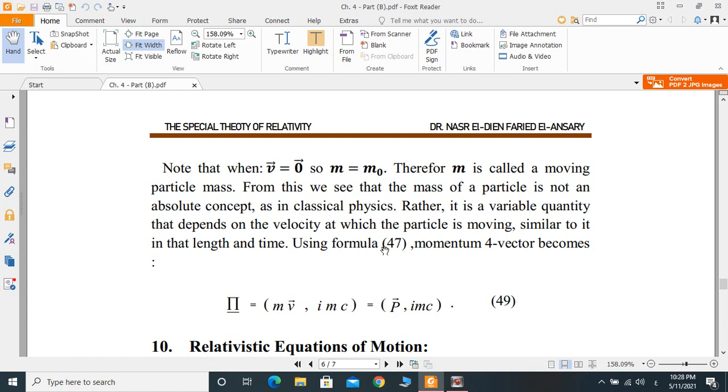Using formula 47, the momentum four-vector becomes B equals mV and imc. This is the momentum four-vector.